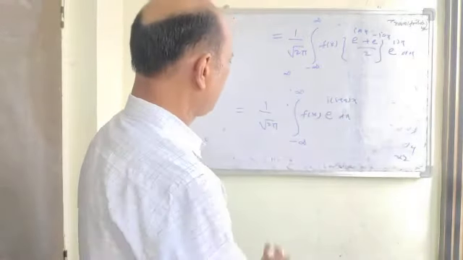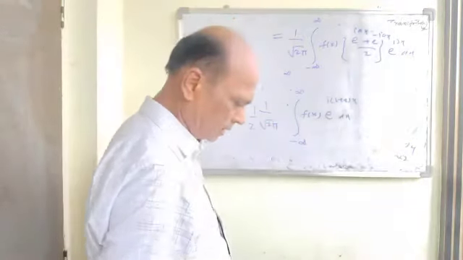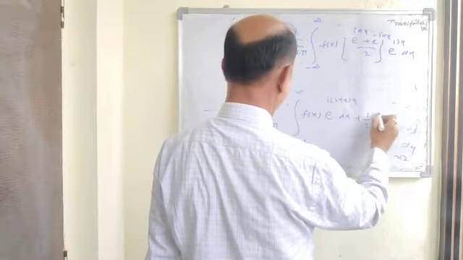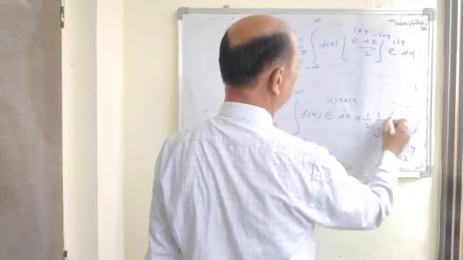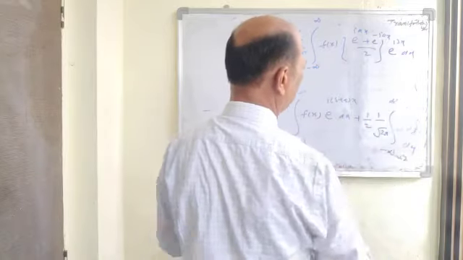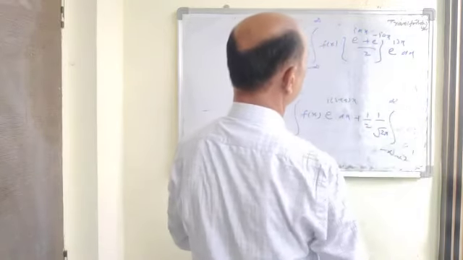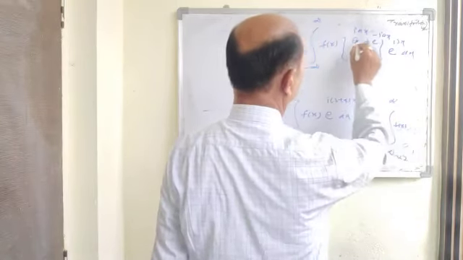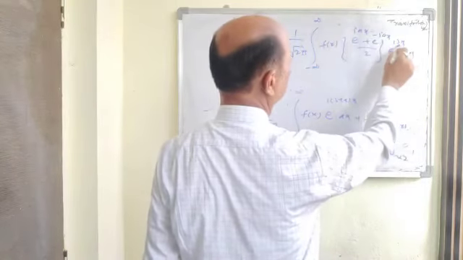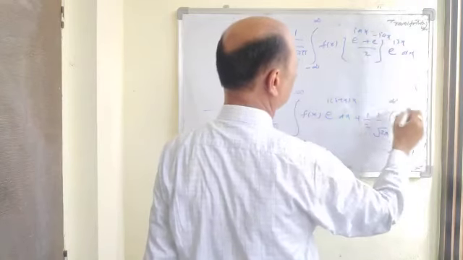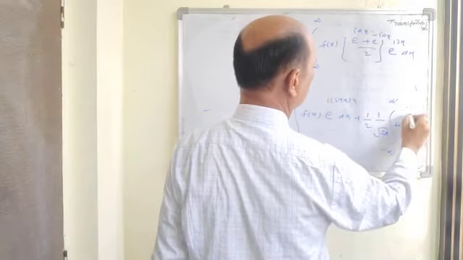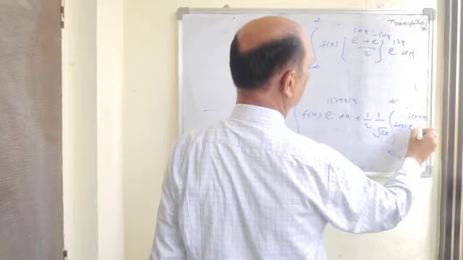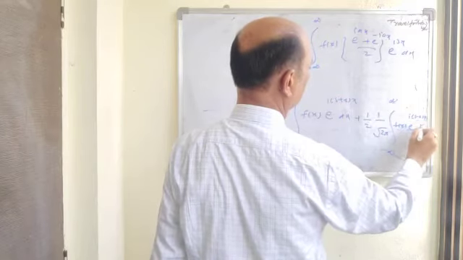And the 1 upon 2 is out of the integral. And again plus half into 1 upon root 2 pi integration from minus infinity to infinity, here you can write f of x and this e to the power minus iax and e to the power isx, that is e to the power i(s minus a)x dx.